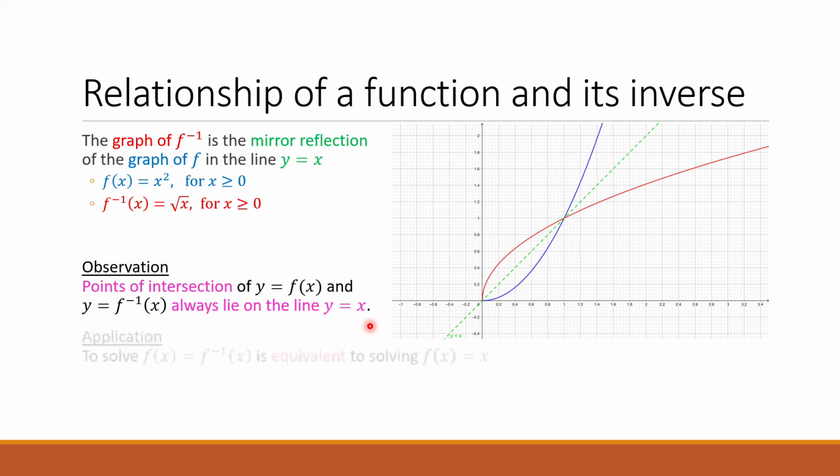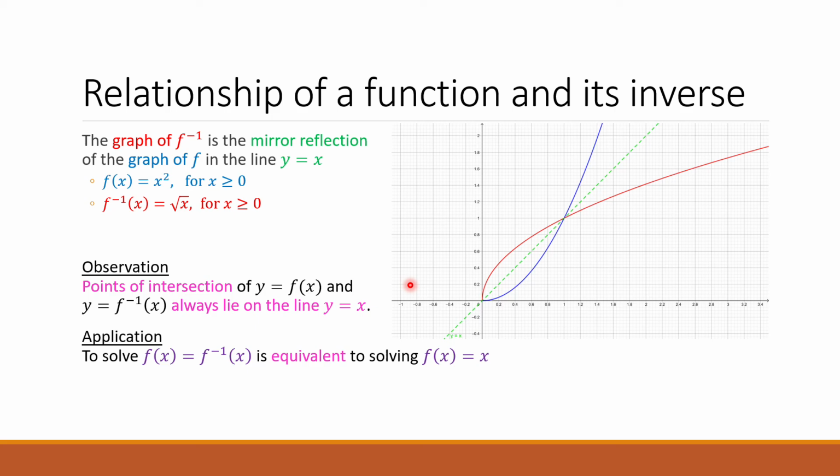So how we can apply this idea: let's say the question wants you to solve f(x) equals f inverse. Of course, you can do the brute force way. That means you write down the formula for f, write down the formula for f inverse, and try to solve for x. But a lot of the time, if you do that, it is not easy. It will make the problem very complicated. So the idea is to make use of this observation.